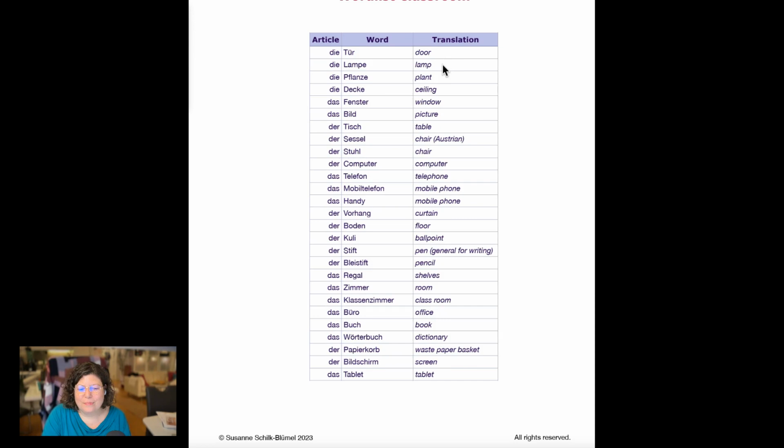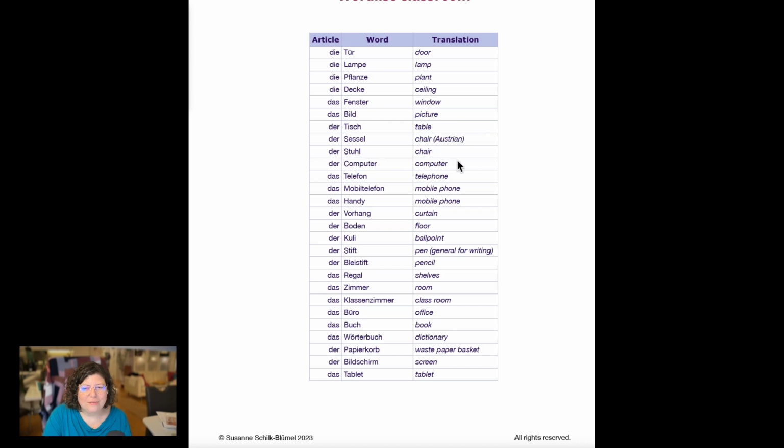Lamp. Plant. Ceiling. Window. Picture. Table. Chair.